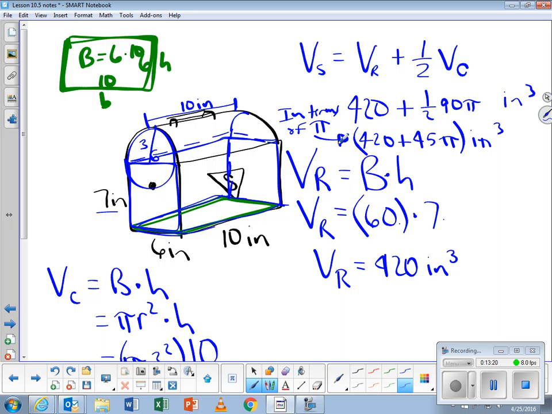Because 420 and 45 pi aren't like terms, are they? This doesn't say 420 pi, it just says 420. So we can't mix those two together, so you leave it that way.